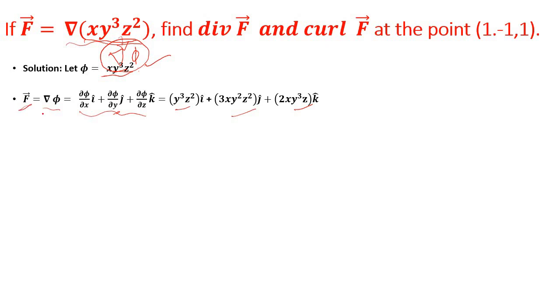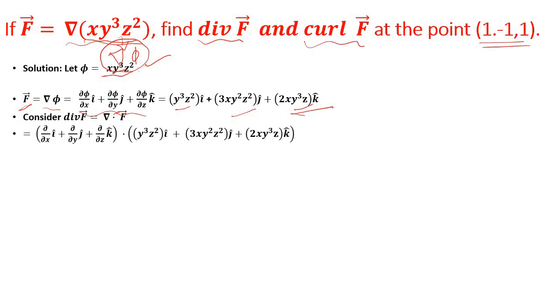Now using this vector f, I want to find the divergence of a vector f and curl of a vector f at a given point. First consider divergence of a vector f. Del, this is my del, dot, this is my vector f. Apply the dot product, that is partial derivative of y cube z square with respect to x, partial derivative of 3xy square z with respect to y, partial derivative of 2xy cube z with respect to z.